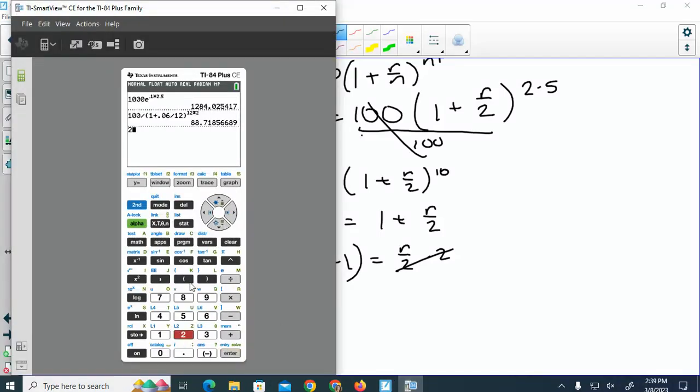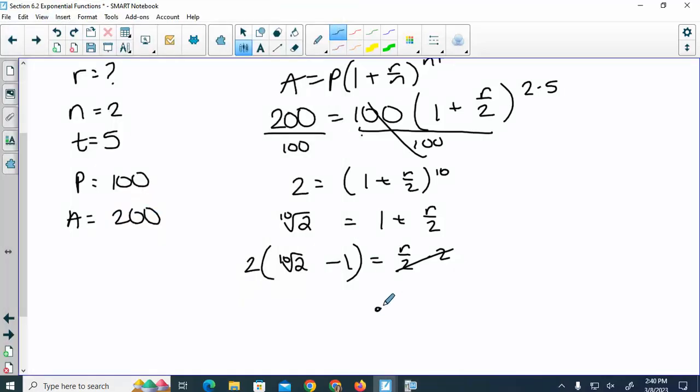So we have 2 times the 10th root of 2 minus 1. So we get R to be 0.1435.